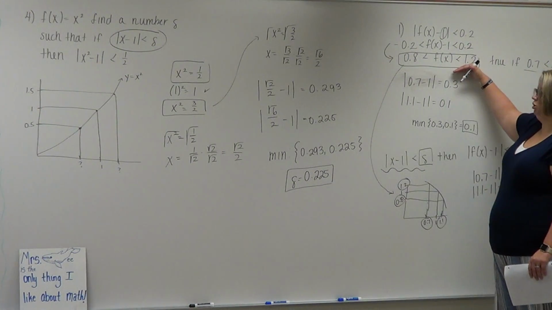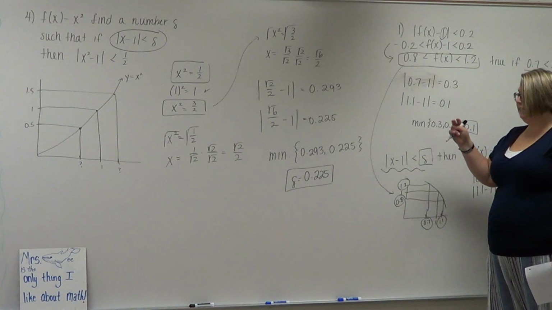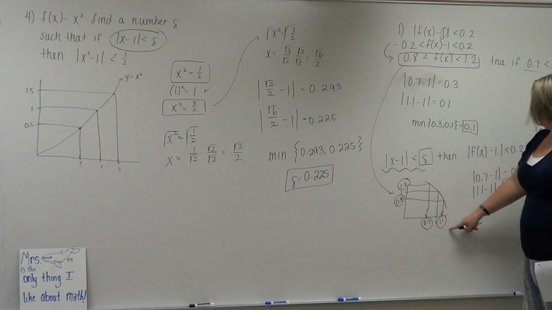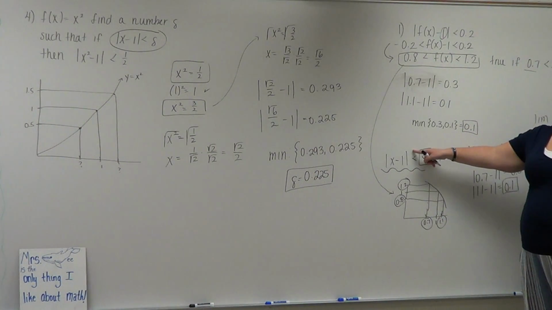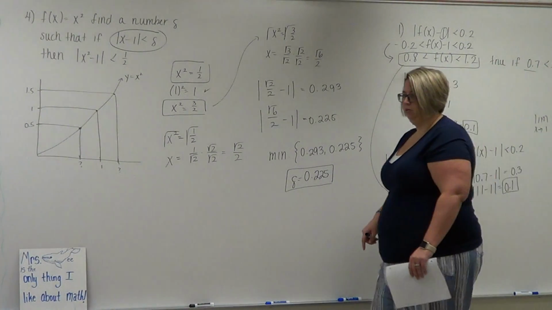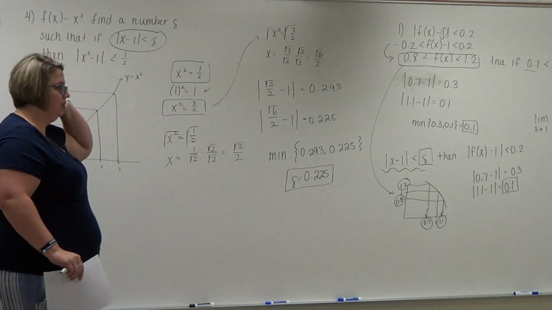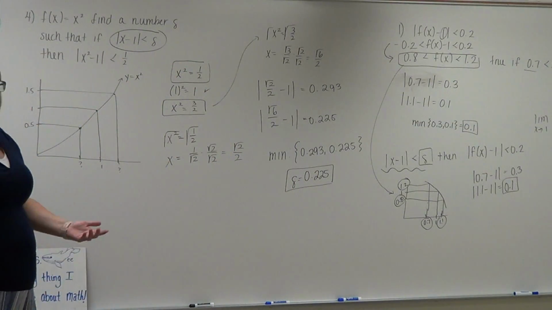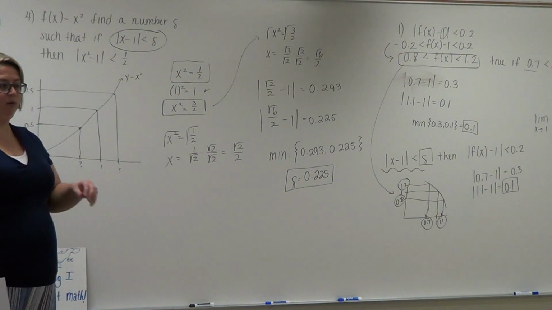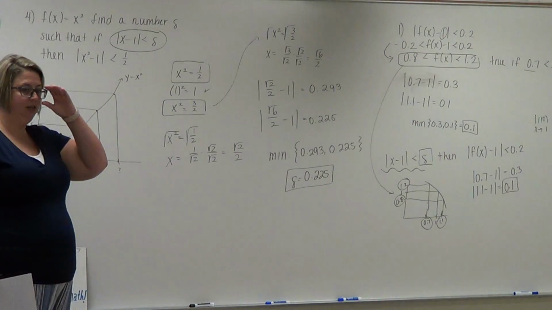That's all this was proving, those are gonna be my y values. The actual finding delta part, you only need your x's because it's gonna go into this inequality. I'm just proving an if-then statement, which is like the whole precise limit. I know you don't like proofs, but that's what doing a precise limit is, just proving it for delta and epsilon.